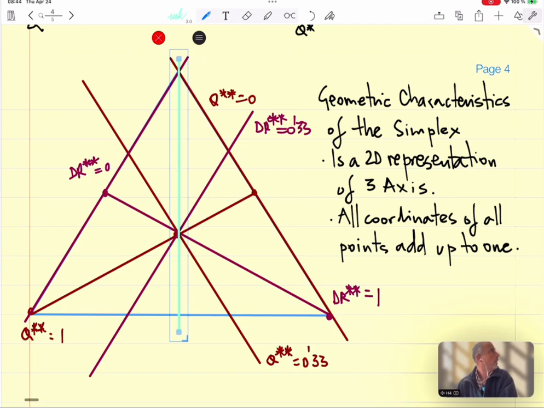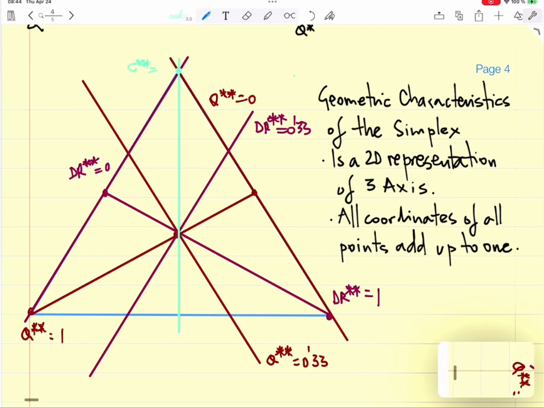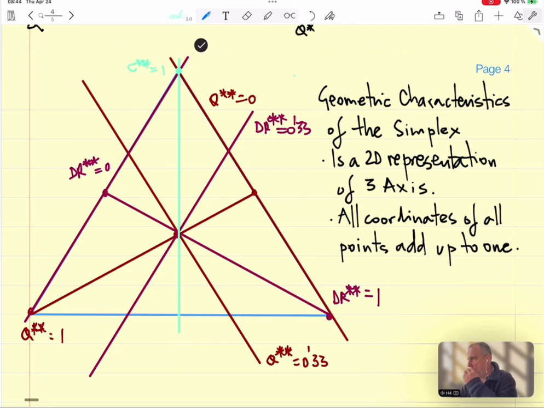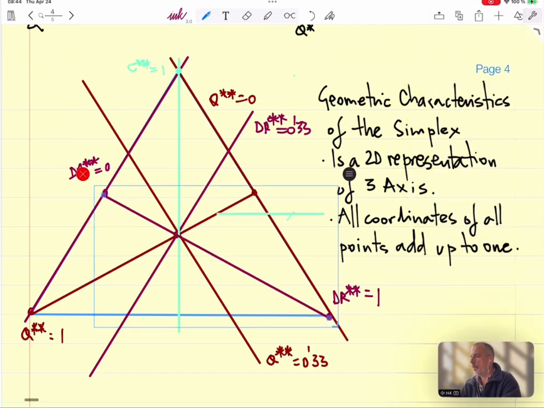So for the cost, here, this point, you have cost star star equal 1.